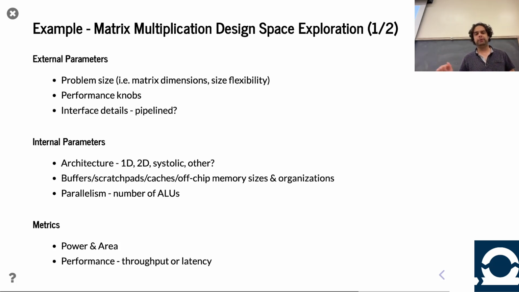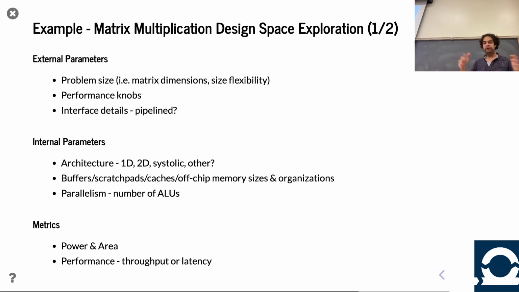What parameters do we have available to us? We have things visible externally, like what problem size matrix we take and how flexible that problem size is. Things like performance, like how fast it's supposed to go, how the interface is set up. But then, of course, we have internal parameters, which aren't fully visible from the outside. Things like the architecture. Am I doing a 1D operation at a time, 2D operation, systolic, another technology?